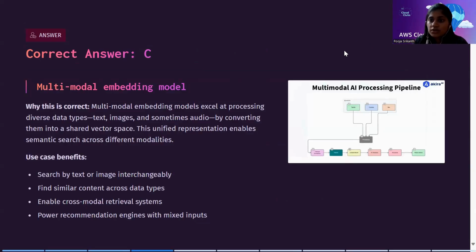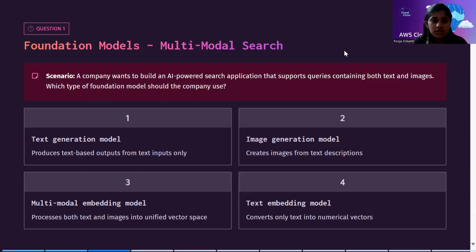So why would this answer be suitable? Well, coming back to the options here, text generation models only focus on writing content, not for search. Image generation is more towards images, not for retrieving any information. And finally, text embedding models only work with text.